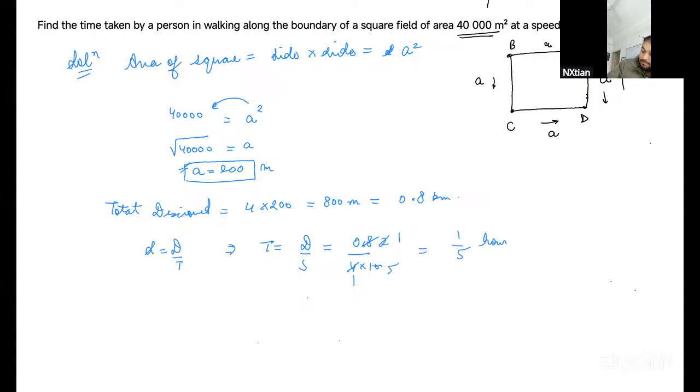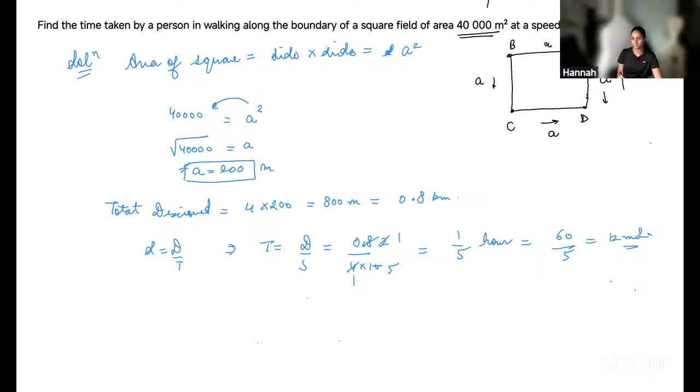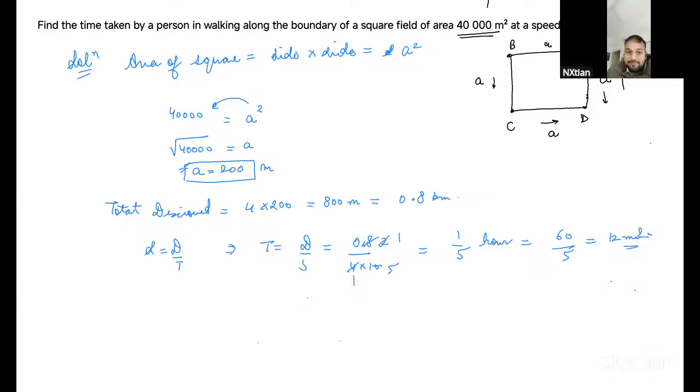If I change it into minutes, 1 hour is equal to 60 minutes, 60 upon 5, which will become 12 minutes. Understood? You did the same formula mistake? Yeah, I wrote speed equals distance into time. Wow. Next.